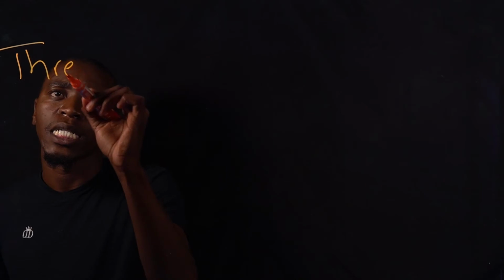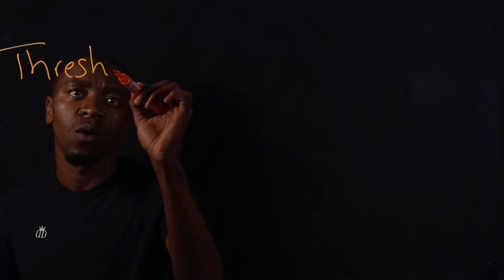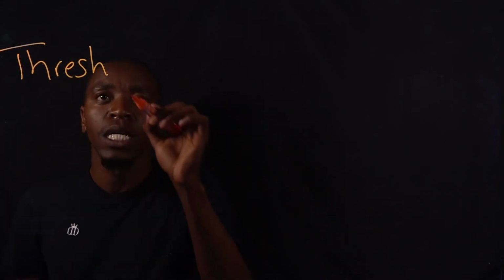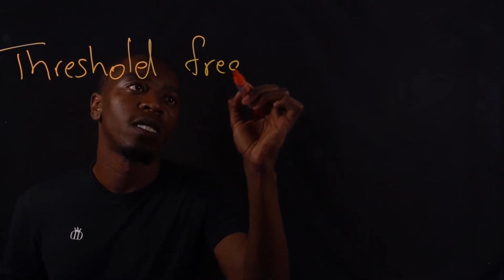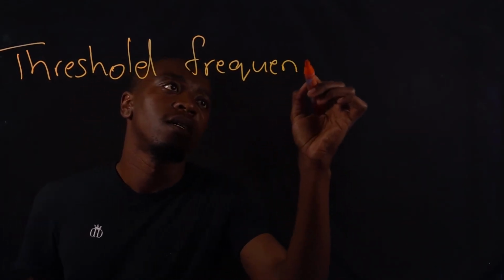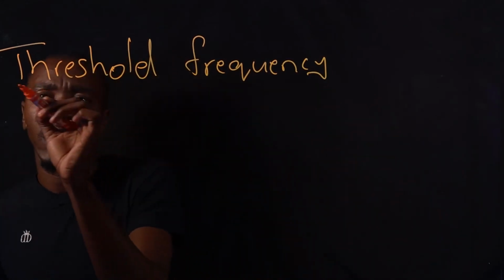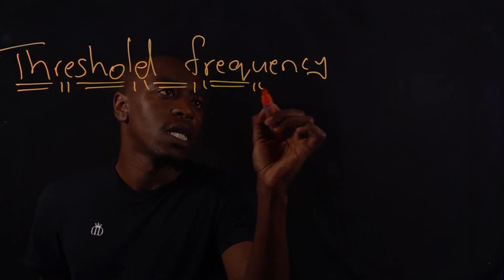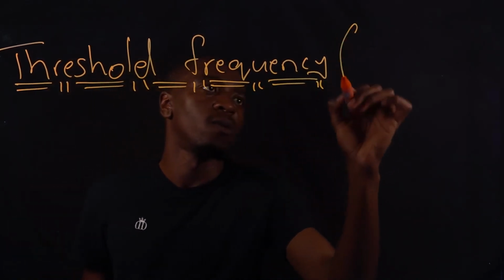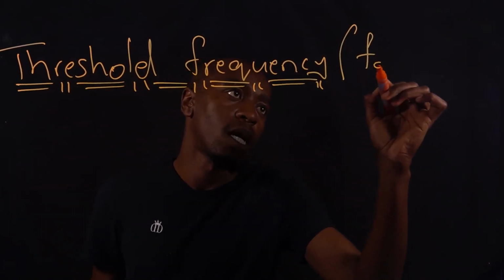Okay. Then the last three parts. Let's do what we call the threshold frequency. The threshold frequency, we symbolize it with F naught.